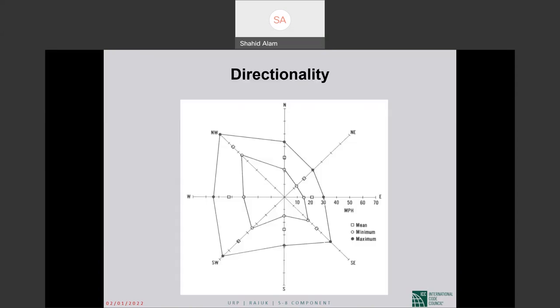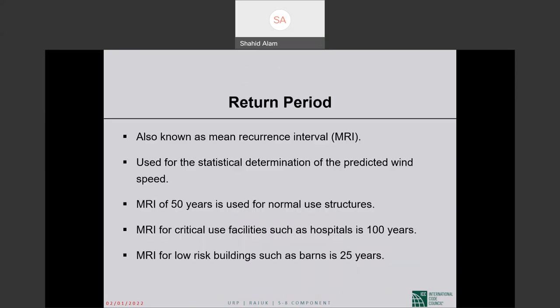Now the return period that I have been mentioning, that we design structures for 50-year return period. The return period is also known as mean recurrence interval. That is neither here nor there, just so that you know, because you see that term quite often. Used for statistical determination of the predicted wind speed.